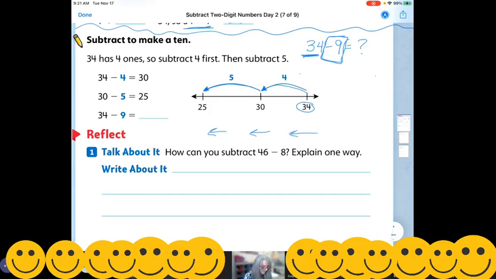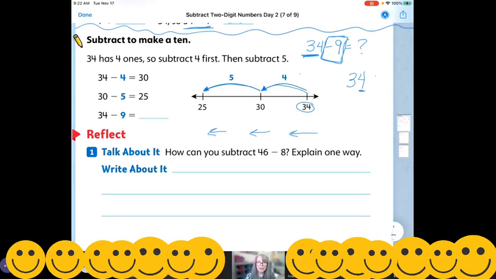Well, now they said, let's think about what would be the best way to break up 9 so that we could go to a 10 first. I want you to look at this number 30. I'm sorry, let's look at number 34. Let's look at the ones place. There's a 4 there.